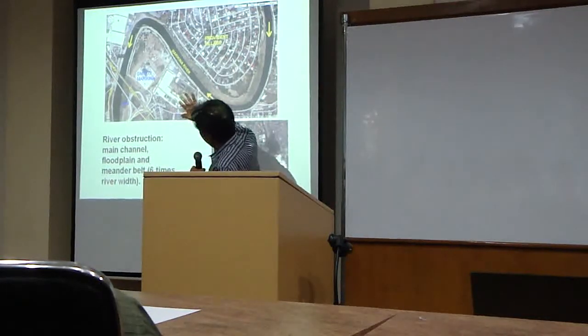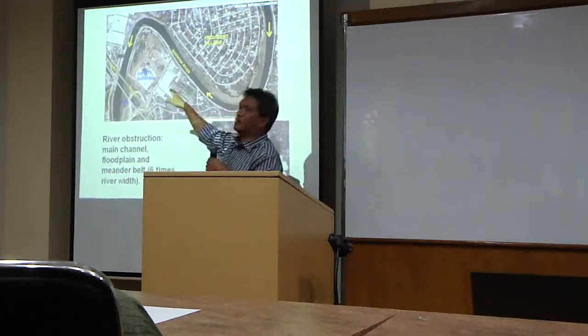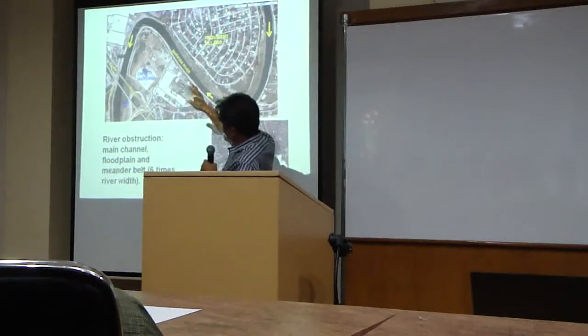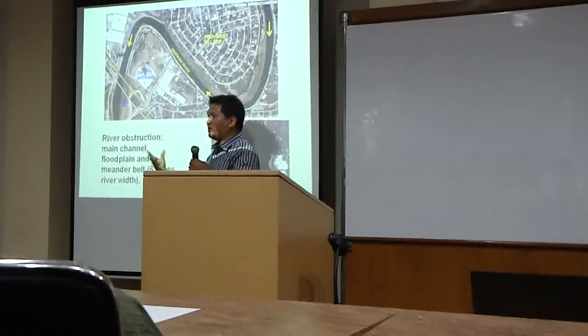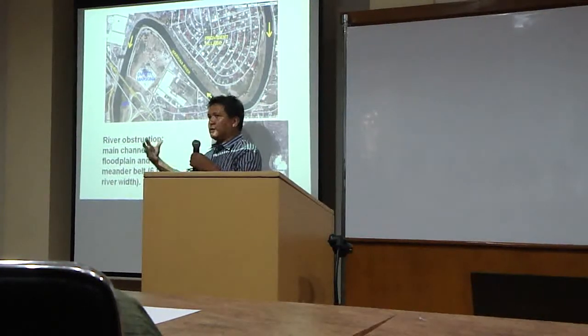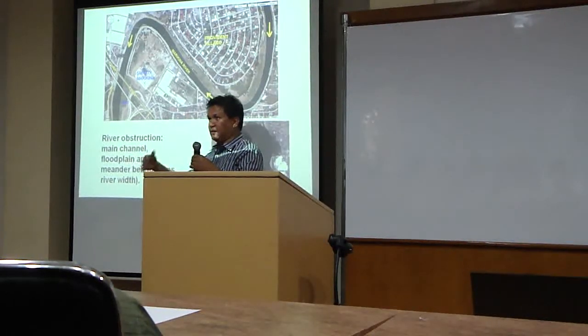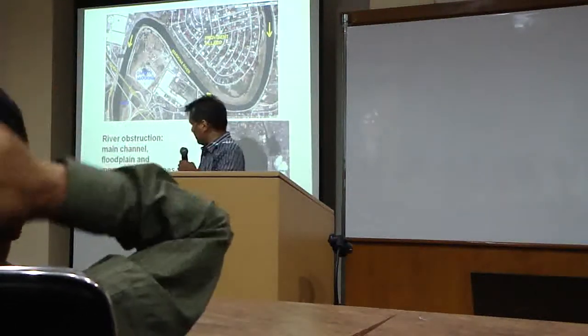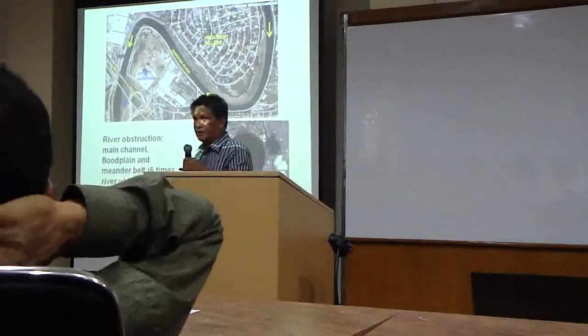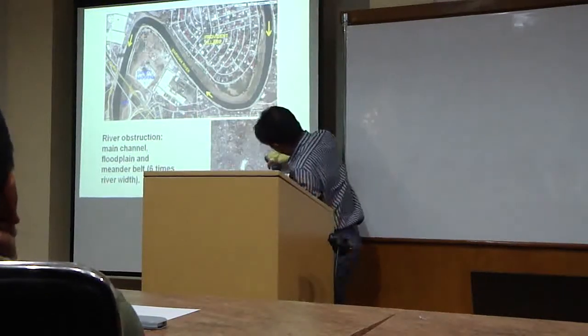Supposedly these are really floodplains because you have a meandering river, and I talk about a typical fluvial geomorphology guideline in design of natural rivers. You should allow for a meander belt of 6 times the river width. So if you look at this one, this is the river width.